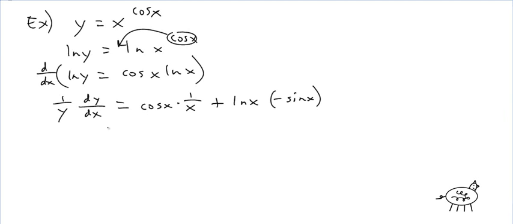Okay? And let's put it together here. So 1 over y dy dx is equal to cosine of x over x minus ln of x sine of x. It doesn't matter which one's first there. And then my last step is going to be multiply both sides by y.